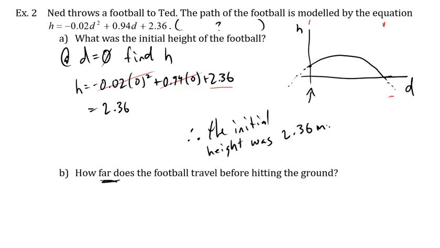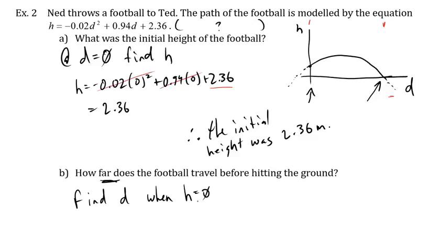How far does the football travel before hitting the ground? Well, where does that occur? My graph tells me where that occurs, and now when I think about what property that is, that's one of the x-intercepts, or the horizontal intercepts. Where do they occur? They occur when h equals 0. So in this case, I'm going to find d when h equals 0.